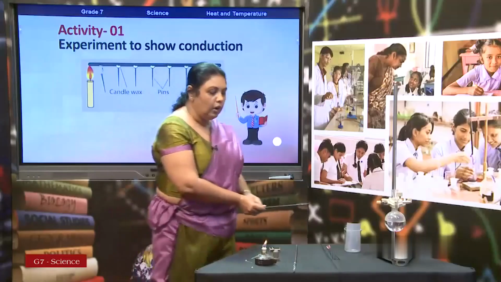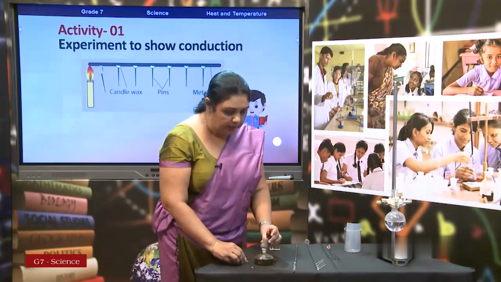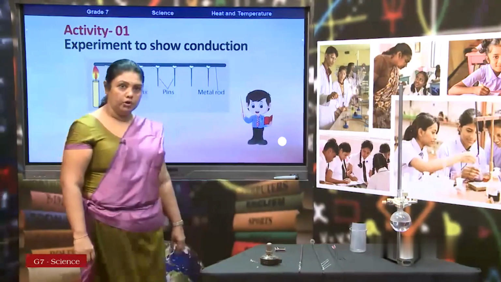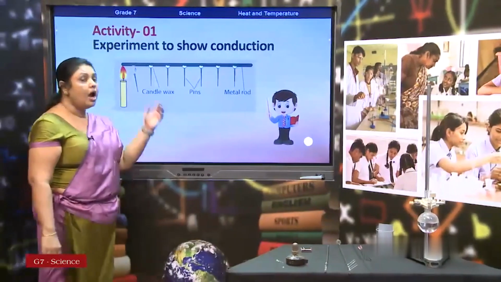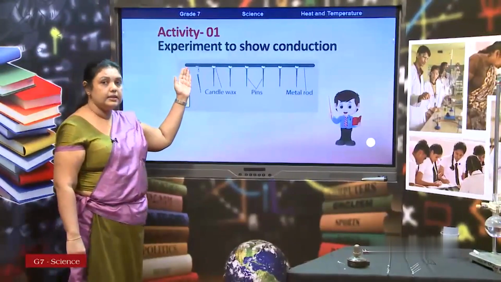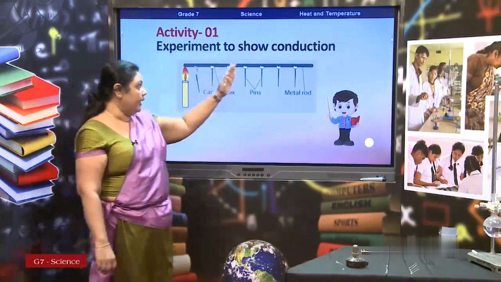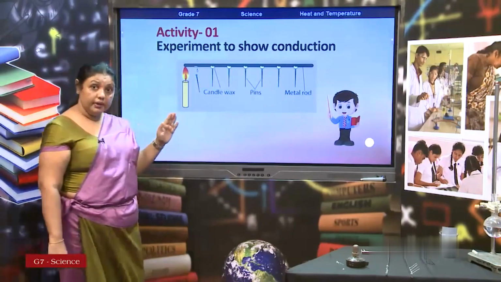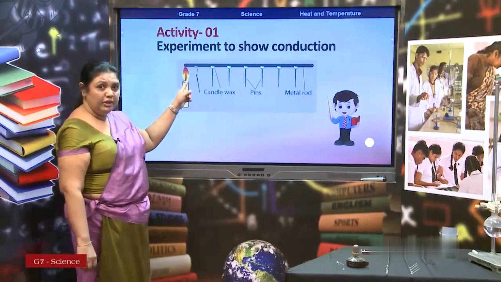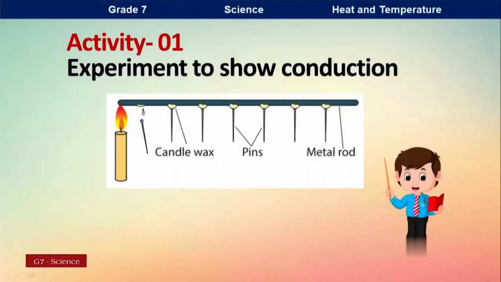So, I hope you understood this very well, right? So, that experiment you do in the laboratory to see how conduction happens, heat passes from the closest place to the end of that rod or the conductor. At the same time, you saw the first pin which is closer to the flame dropped first, then the second one dropped next.